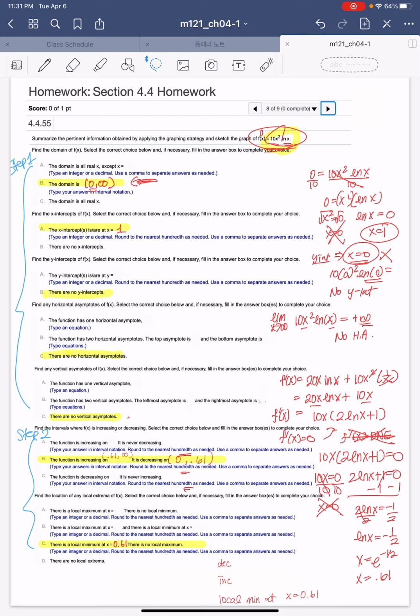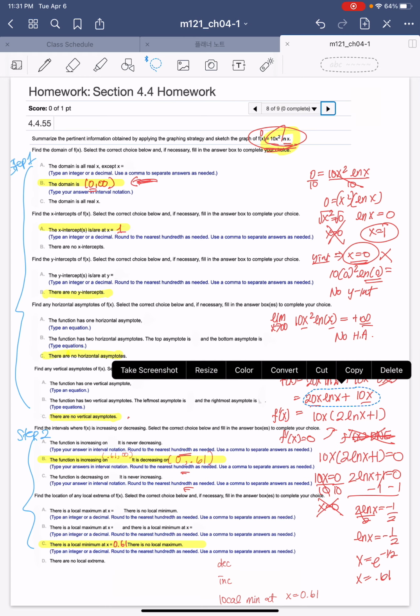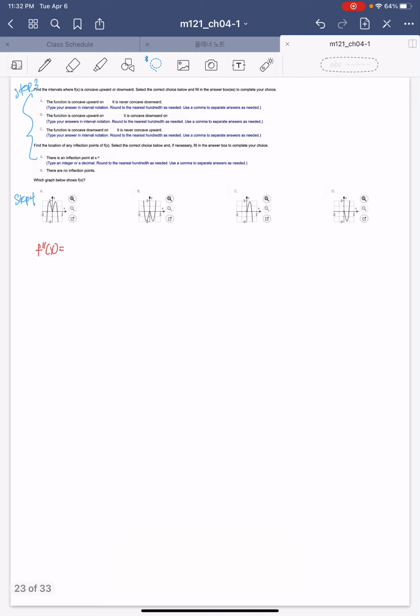I'll just use this format because it's the easiest one to differentiate.